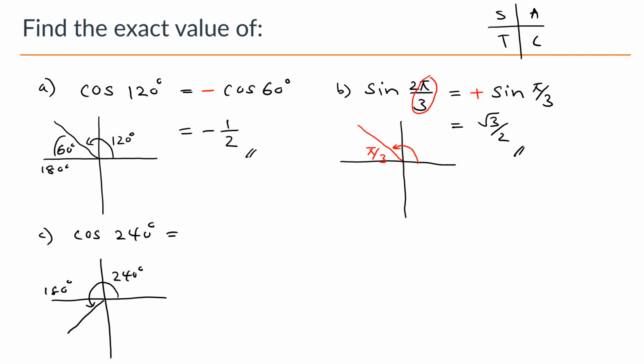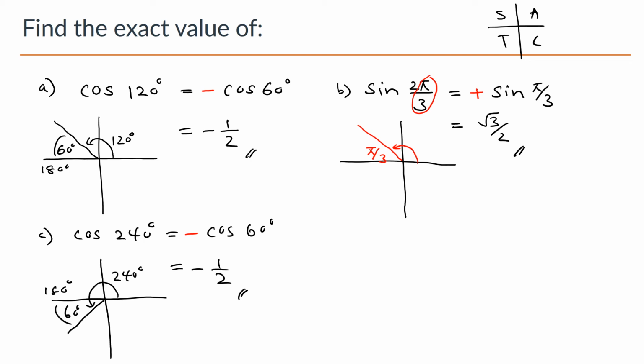The gap between the two is 60, so the reference angle is 60. According to ASTC, since this is in the third quadrant and it is a cosine, the sign has to be negative. Negative cosine of the reference angle 60, and you can see that it is negative 1/2 again.